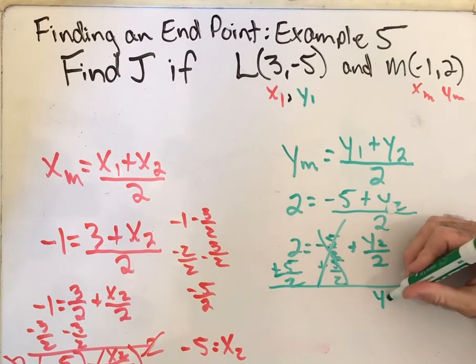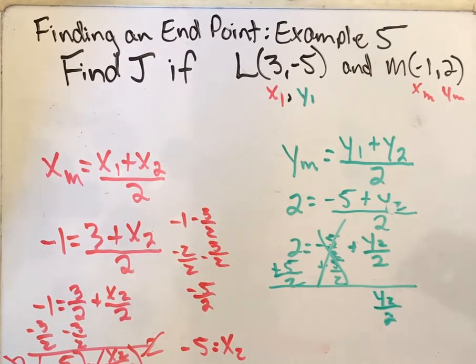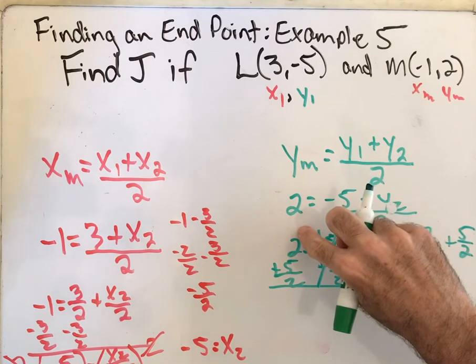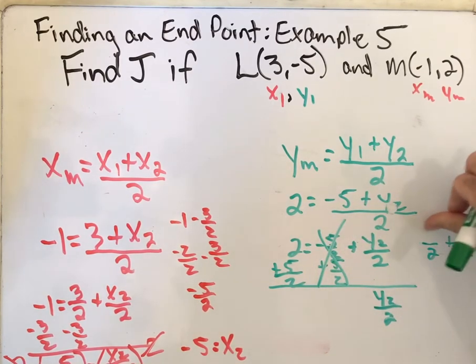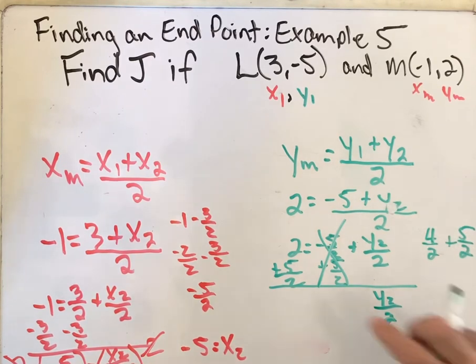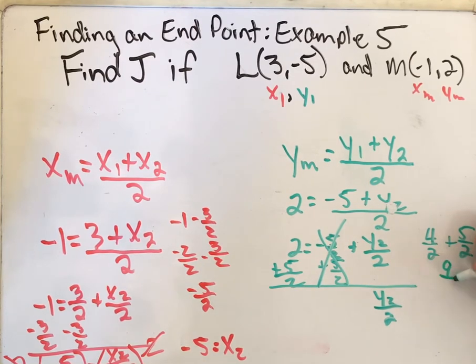So we've got y sub 2 over 2. Now we need 2 over 2 plus 5 over 2. As side math, 2 is the same as 4 over 2, if I multiply top and bottom by 2. So 4 over 2 plus 5 over 2 equals 9 over 2.